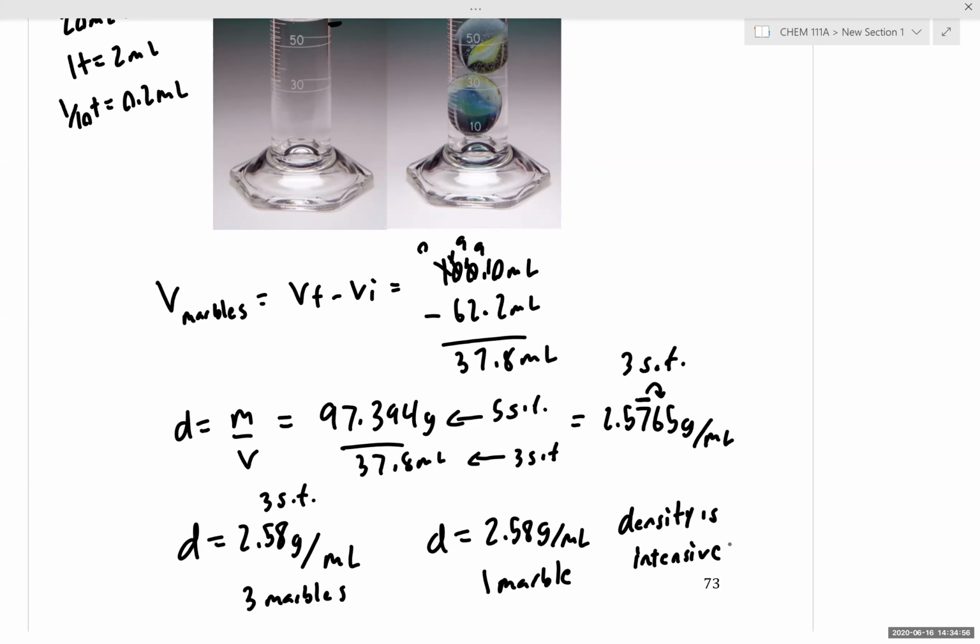It doesn't matter whether you have 1 marble or 3 marbles, no matter if you increase the size of your object, if it's the same material, any increase in volume results in a commensurate increase in mass. So the density does not depend on the amount or size of an object if it's the same material. Does that make sense?